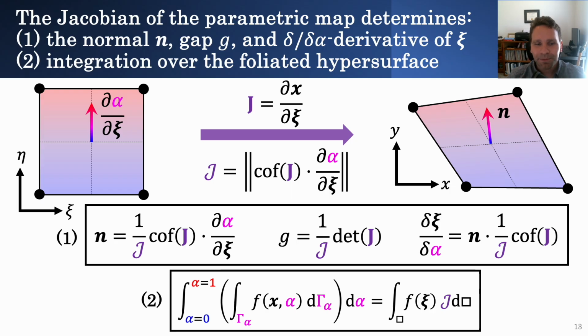And the interesting thing that I'll point out is that all of these quantities can be computed without having to actually invert this Jacobian. So even if the Jacobian itself, the partial derivative of the spatial coordinates x with respect to c, even if the determinant becomes 0 in the case when that element basically collapses, indicating that the two surfaces should be perfectly touching, that doesn't necessarily introduce a complication, because all these terms can be determined using instead the cofactor of J, the cofactor of this Jacobian.